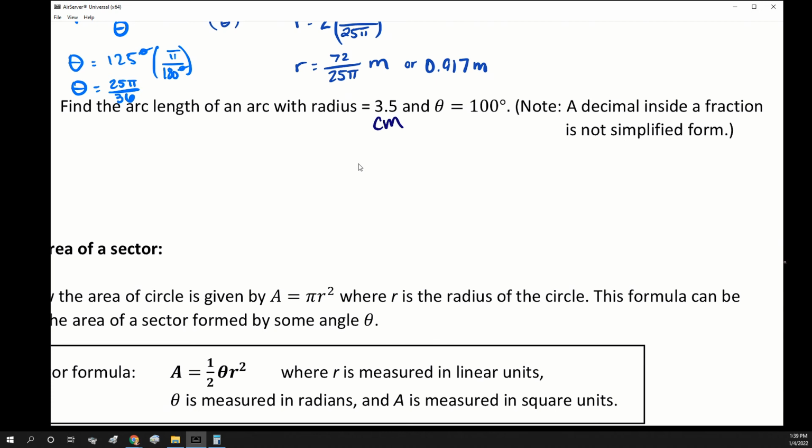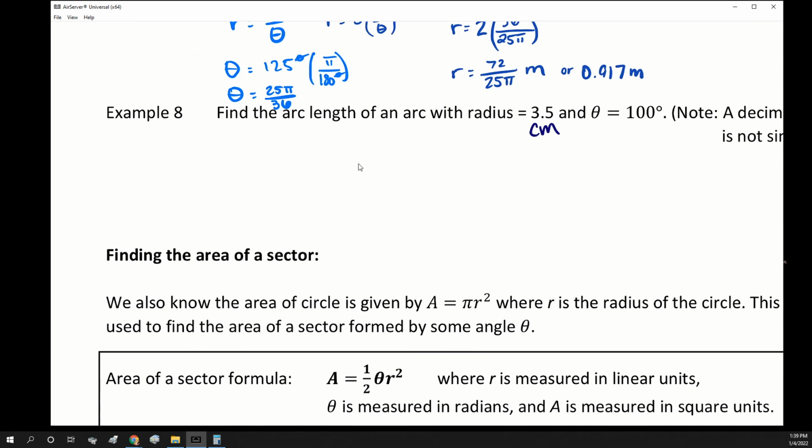Now, if you choose to leave this one as a fraction, we can't leave a decimal inside of a fraction, and we'll talk about that when we get to it. So, again, theta is in degrees, so I need to change it to radians. Now, when you guys go to do your assignment, if your angle is in radians, you're like, sweet, don't worry about it, just be done. Use that angle. But if it's in degrees, we just need to make sure we change it to radians.